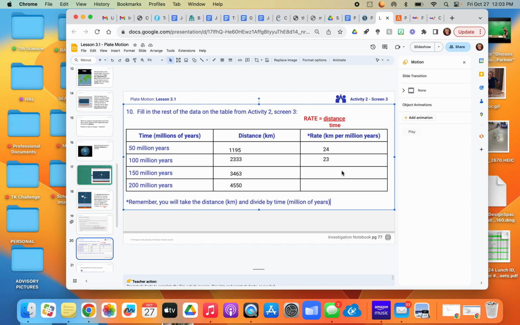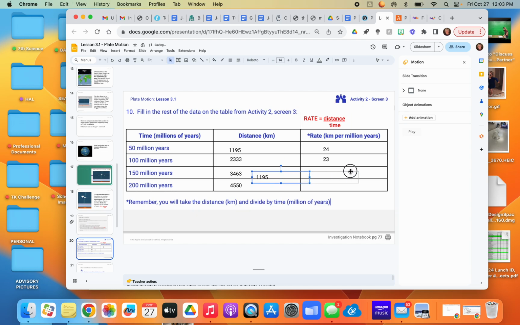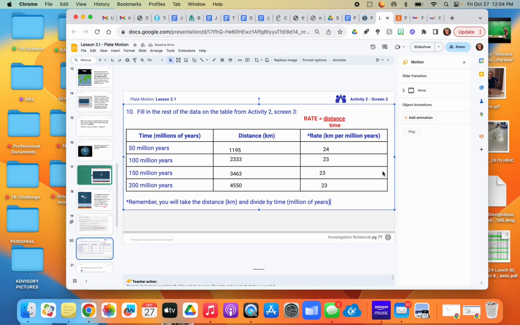That is 23. And then the last one is 22.27, so I'm going to round that up to 23.